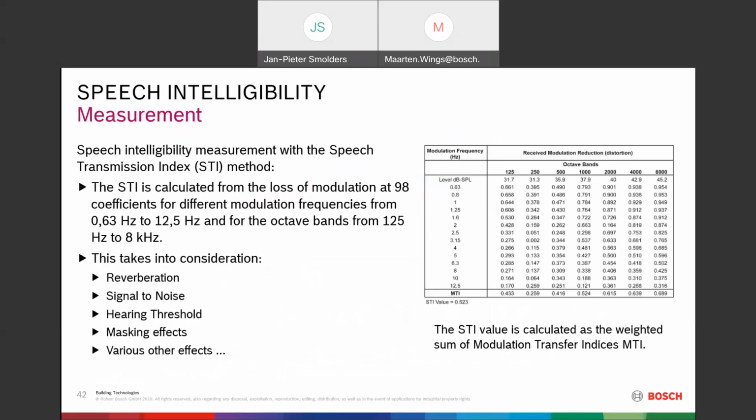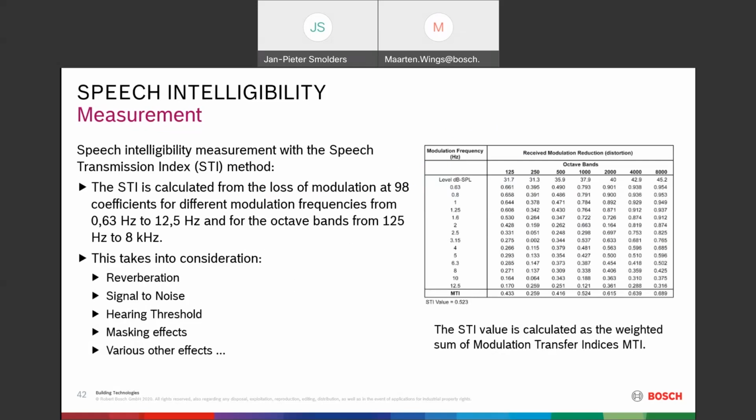Now, what does this measurement do? It's actually measuring the loss of modulation at 98 coefficients, like you see here in the table on the right. So it will measure that for several octave bands from 125 Hertz to 8000 Hertz.